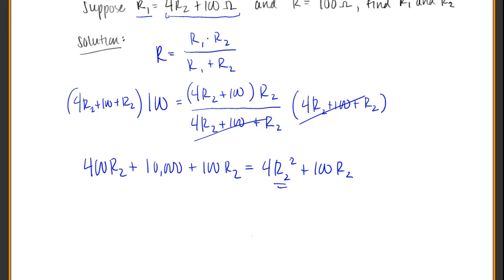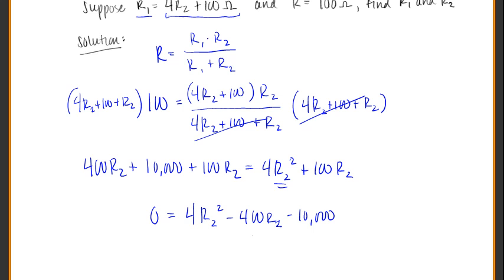Alright, so y'all are seeing there's our quadratic term right there. And because of that, I want 0 on one side and everything else on the other. So when I go about moving all my terms over and combining like terms, I trust that you can do this. We'll finish this up a little faster, but it'll be 4R2 squared minus 400R2 minus 10,000 equals 0.